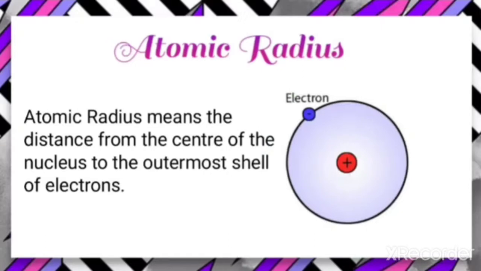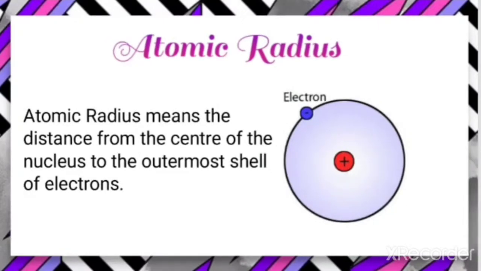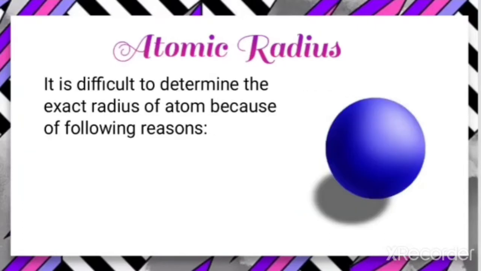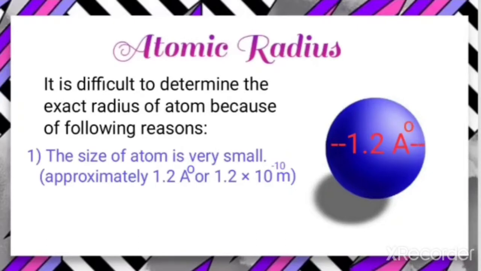By its atomic radius. Finding the atomic radius is quite difficult compared to measuring the radius of a ball. What is the reason? It is difficult to determine the exact radius of an atom because of the following reasons. Number one, the size of an atom is very small.